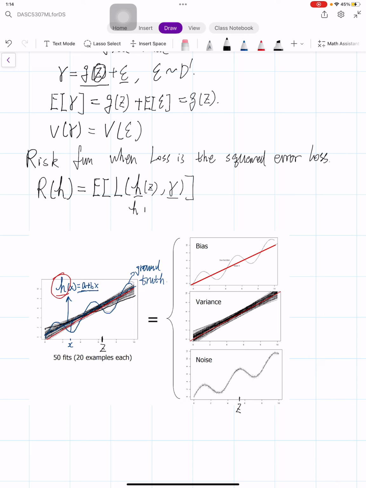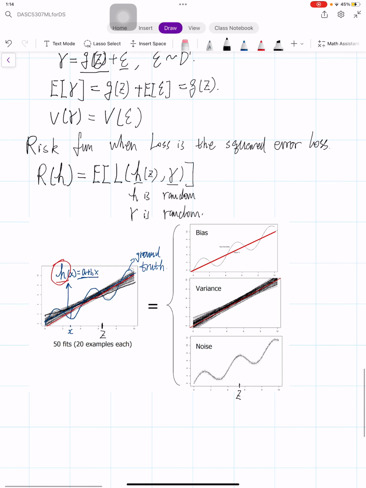So the expectation is over possible training sets X, Y, and gamma.